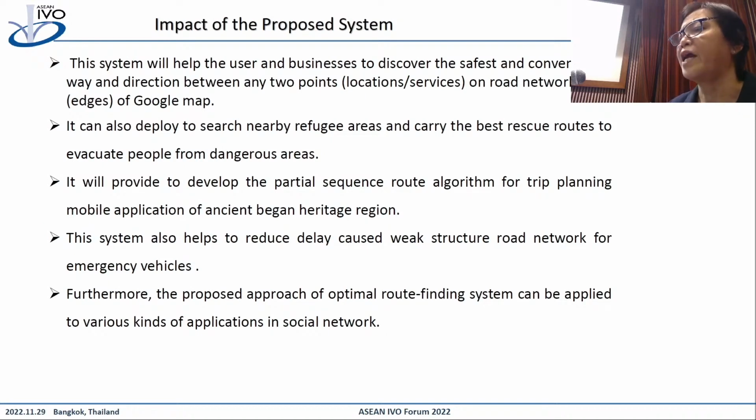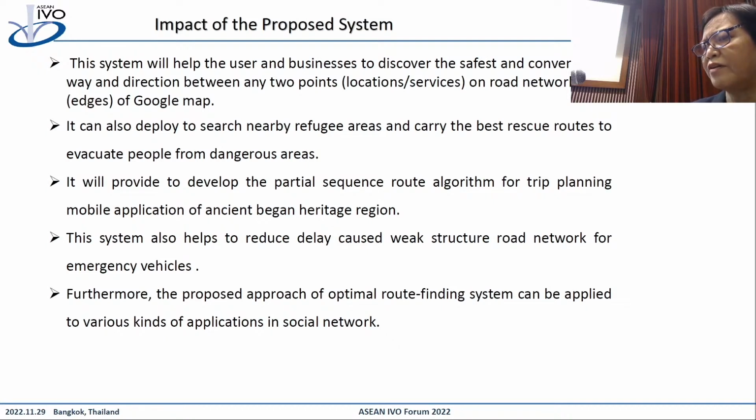Let me explain the impact of the proposed system. This system will help users and businesses to find a safe and convenient way and direction between any two points, a location or some service on the road network of Google Maps. It is also deployed to find nearby refuge areas and provide the best rescue route to evacuate people from dangerous areas.